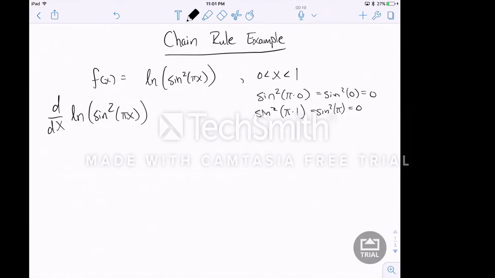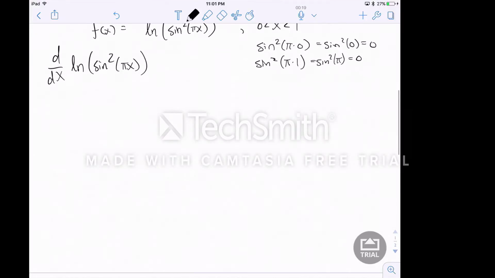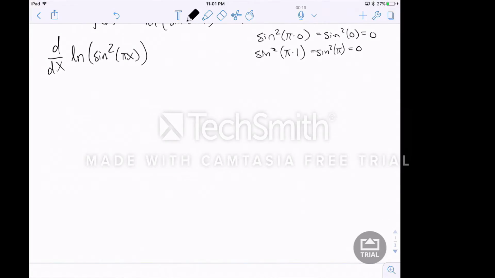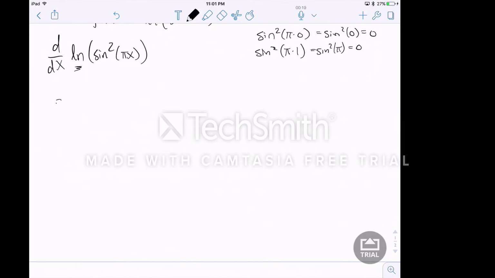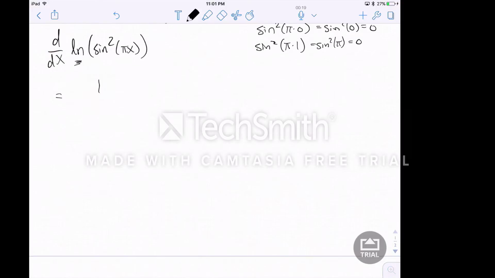Alright. So the chain rule says that we start with the outermost function, which in this case would be our natural log. So remember the derivative of the natural log is 1 over the argument. But now we have to multiply by the derivative of that argument. Okay?